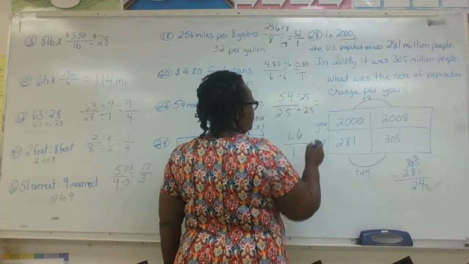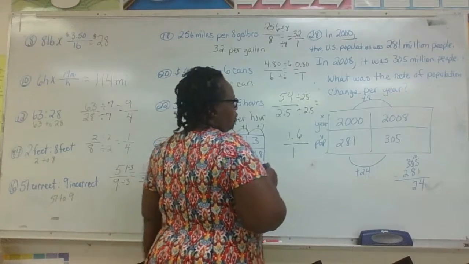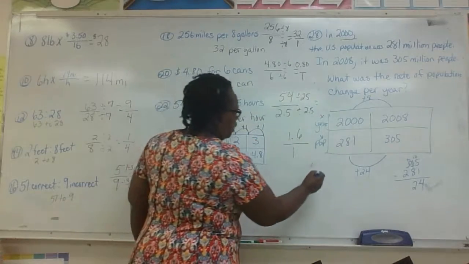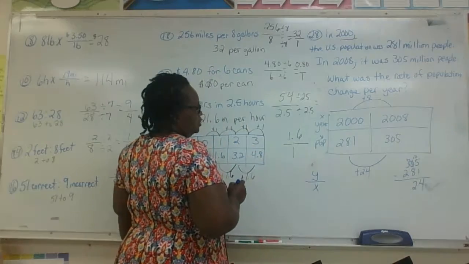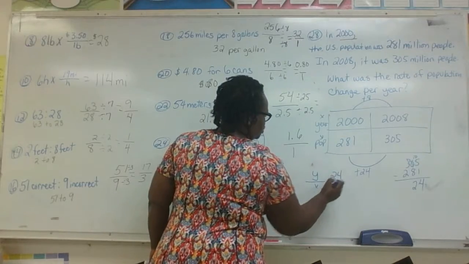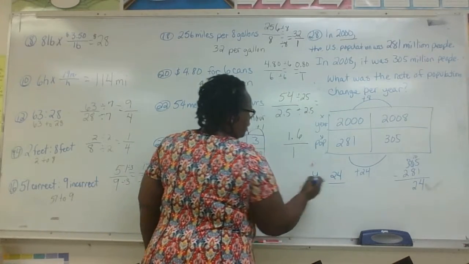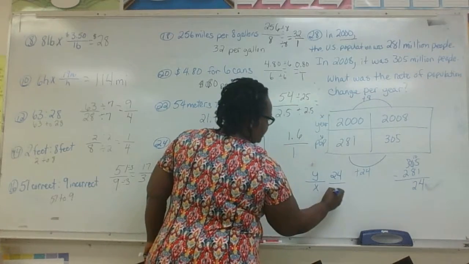Okay? So now, what we must do at this point is take our population change. On our graph, this would be our x-axis, this is our y, and as you know, for our rate of change, our y is here, our distance, our x is here. So our population change is 24 over our distance, which in this case would be 8.